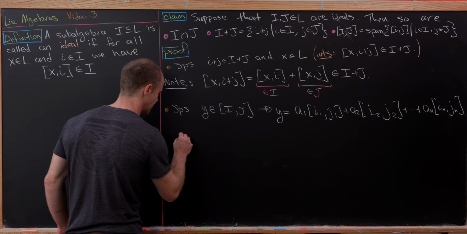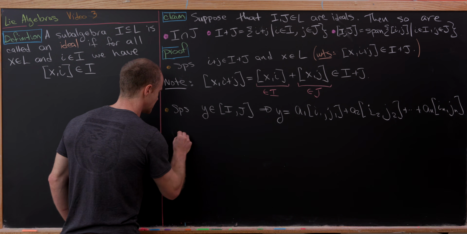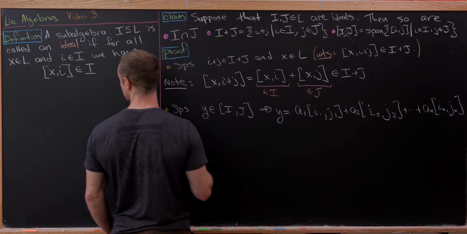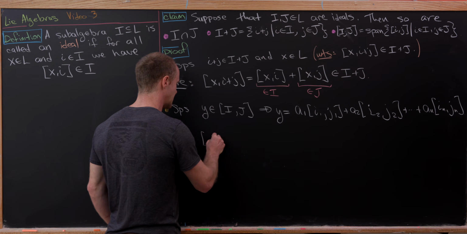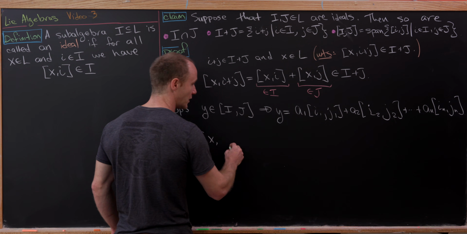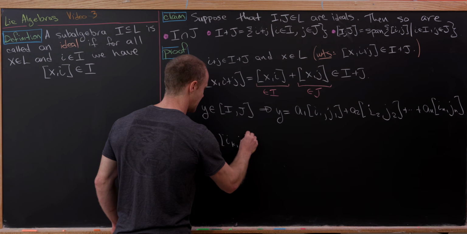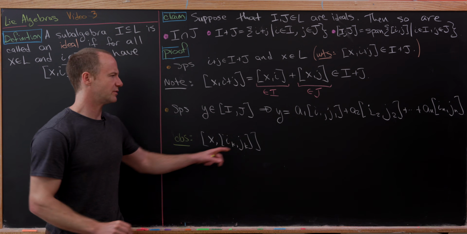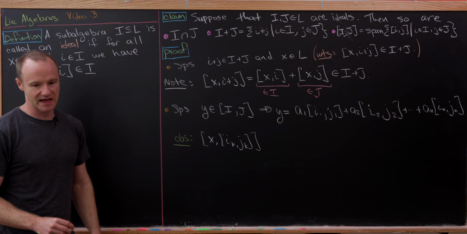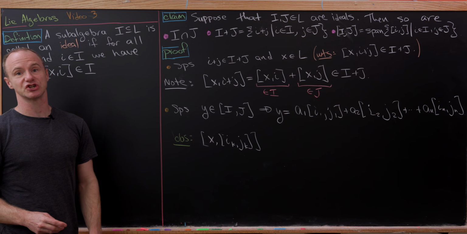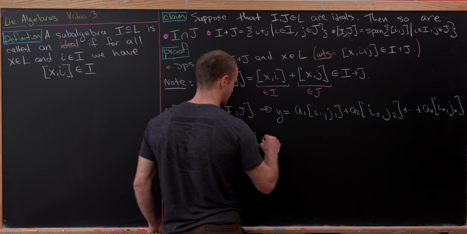In other words, one of the summands that we have right there. So let's put a little observation right here. If we were to do x bracketed with, I'll say ik, jk, because that would be like one of these elements, then we can rearrange this using the Jacobi identity to get something that we want.